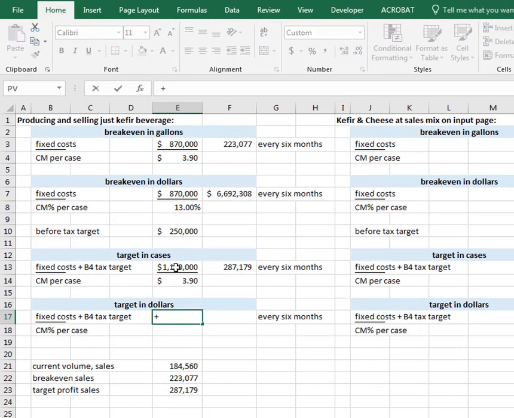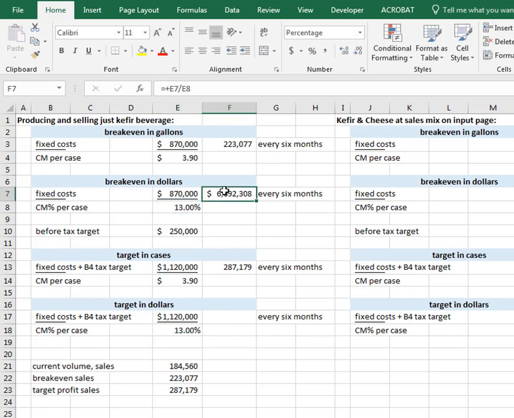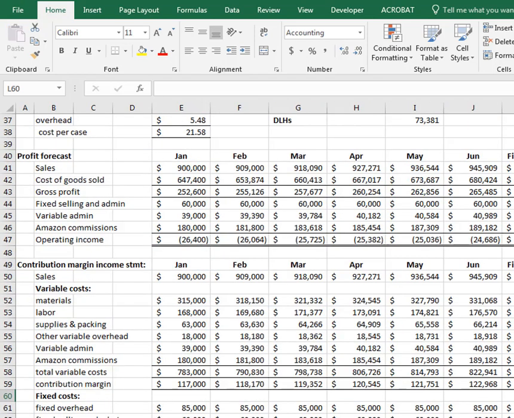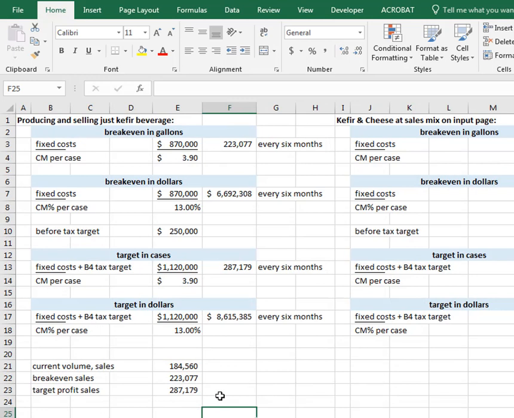All right, and then what would you have to sell in dollars? Quite a bit more than where you are now. What's our sales level now? 5.5 million about. So you're pretty shy of break even in dollars and way shy of being able to replace your salaries. At least if you make just kefir.